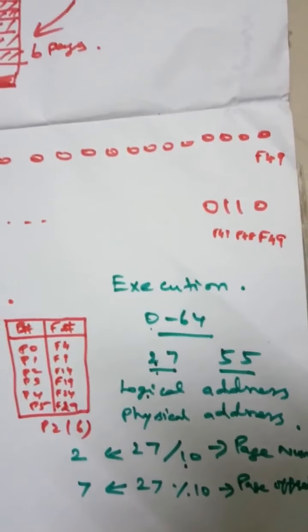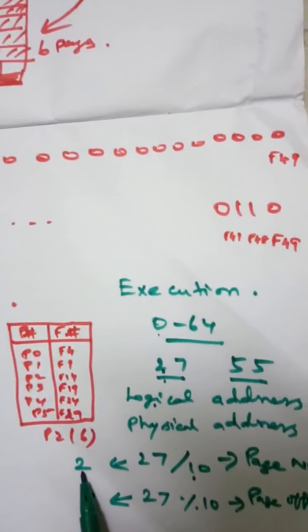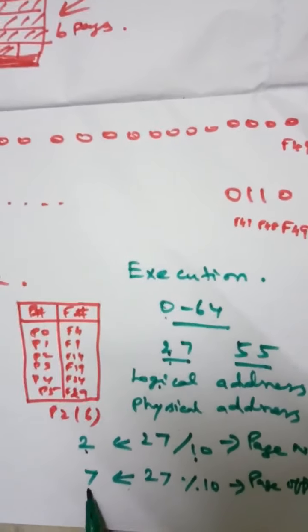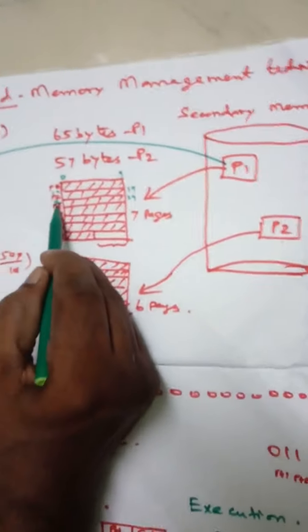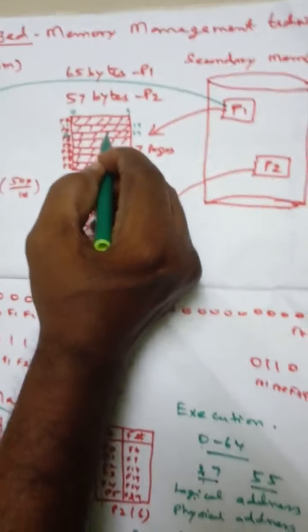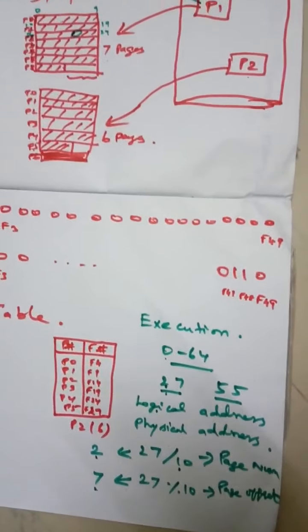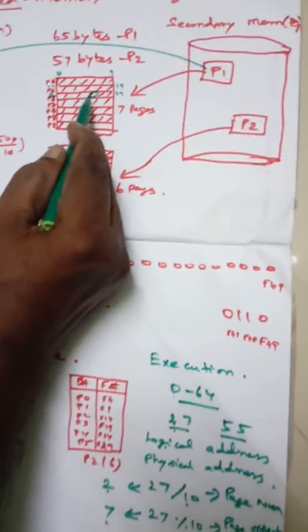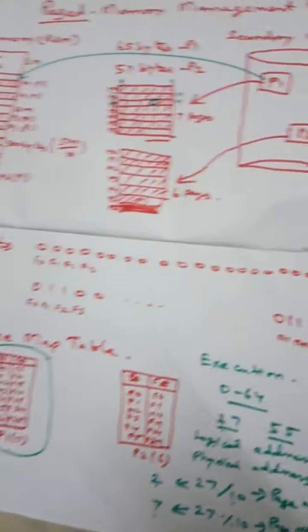For 27, the page number is 2 and the page offset is 7. So in program 1, this is in page 2, location 7. The instruction is available there, and this must be executed next.